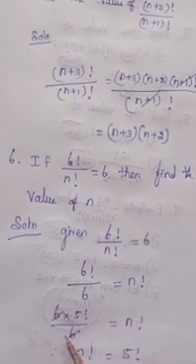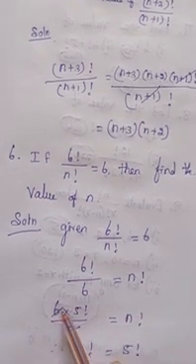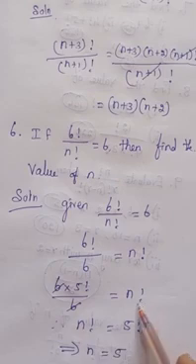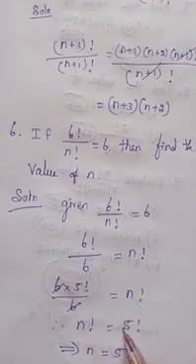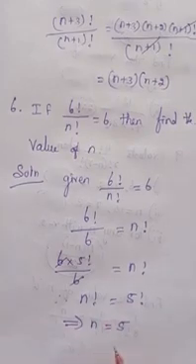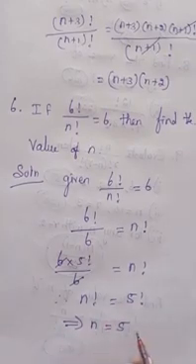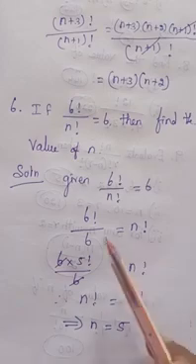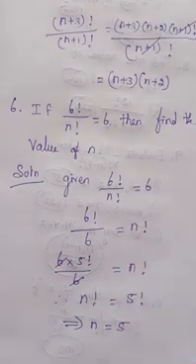See, 6 and 6 will get cancelled. So we will get n factorial is equal to 5 factorial. So directly we can write the answer n is equal to 5. Did you all understand this?